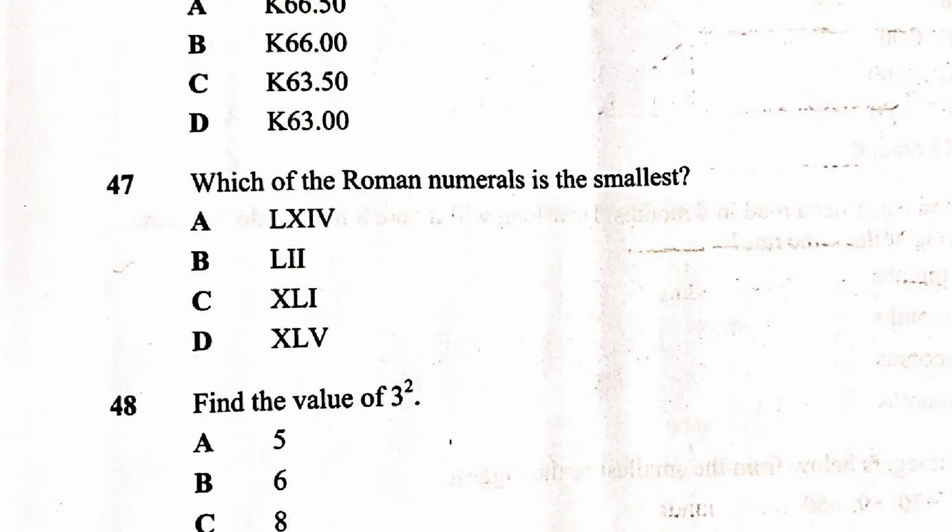Question number 47. Which of the Roman numerals is the smallest? We have been given LXIV, LII, XI, XLI, and XLV.